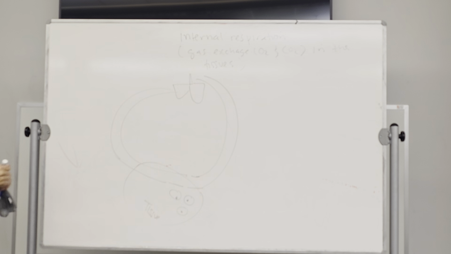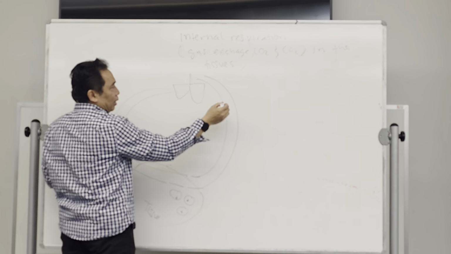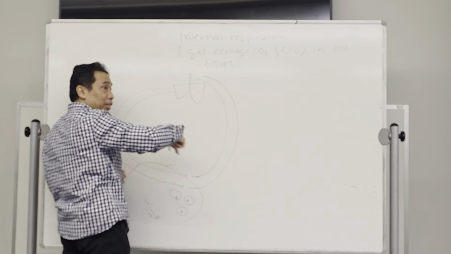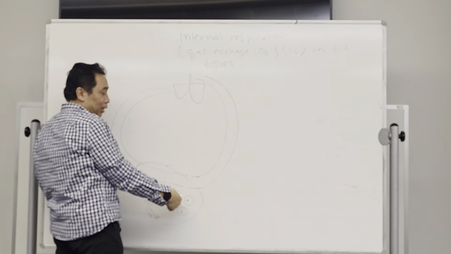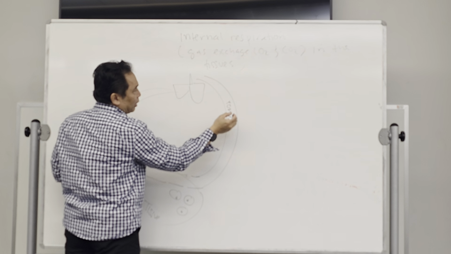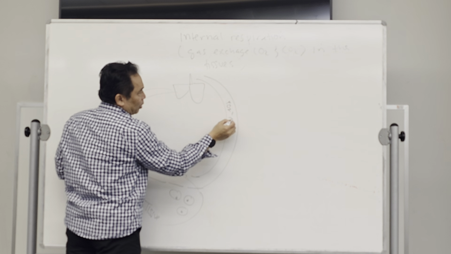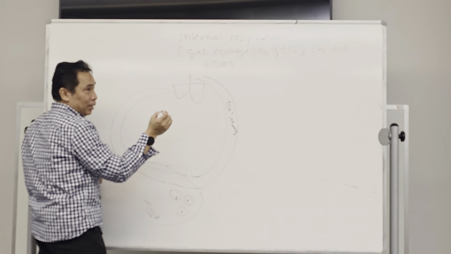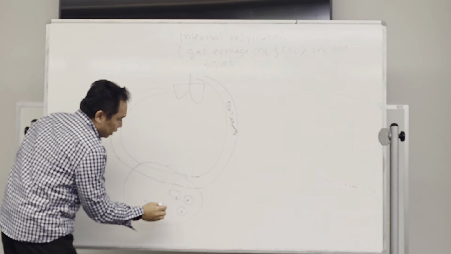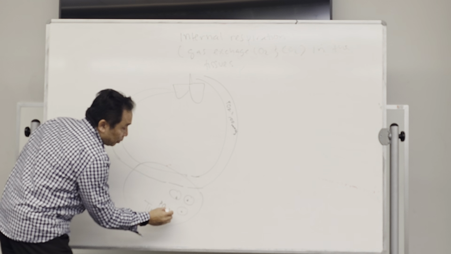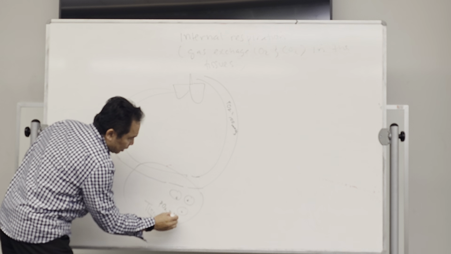Okay, so again, in the blood, we need the cardiovascular system now, the circulation to carry this blood into the tissue. So the pressure of oxygen over here is about 100 millimeters of mercury, okay? And the pressure of oxygen in the tissue is about 40.